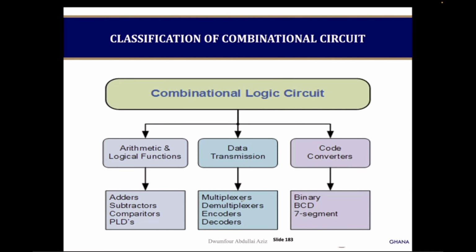So far, we have seen the adders, the subtractors and comparators, right? We treated all this, with the exception of the PLDs, for the arithmetic and logical functions. In our next meeting, I'll give a little snapshot of the other subtractors and comparators, and then we move on to look at the PLDs.